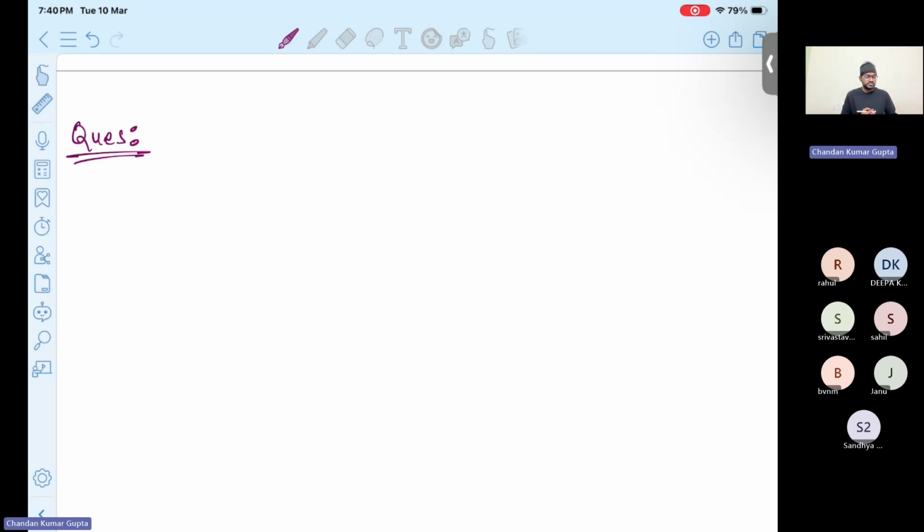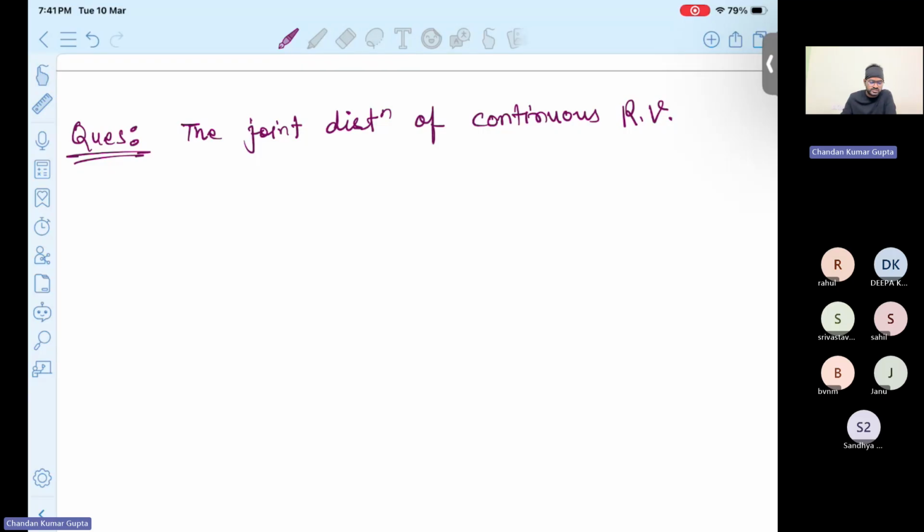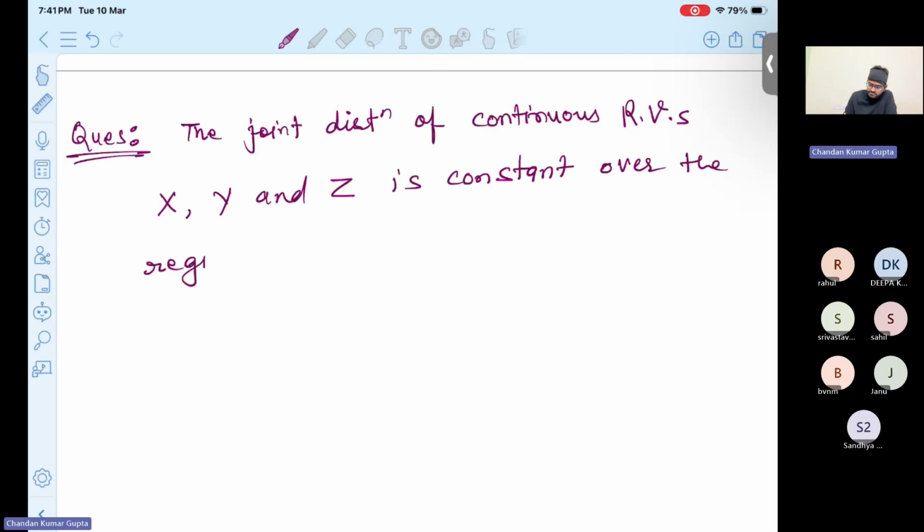The question is: the joint distribution of continuous random variables x, y, and z is constant over the region x square plus y square is less than or equal to 1 and z lies within 0 to 4.